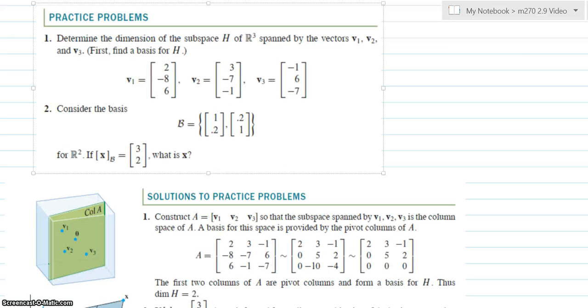Here's the solution for the first one. So we're going to construct A to be the matrix V1, V2, V3. So these are along the columns. So that the subspace spanned by these three vectors is the column space of A. So then we can just look at the reduced echelon form, or just echelon form, and realize that there's two pivots.